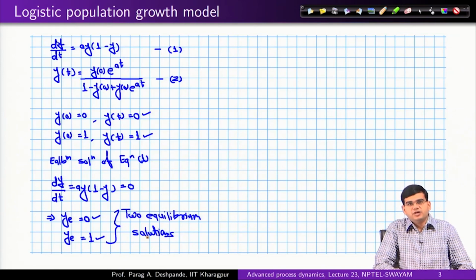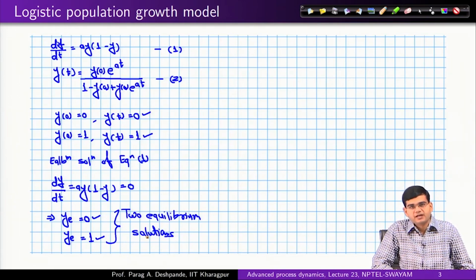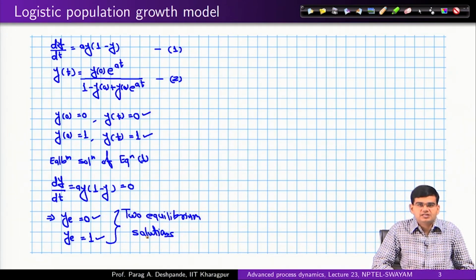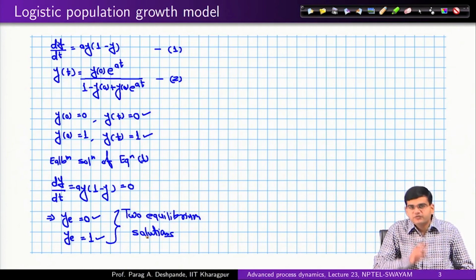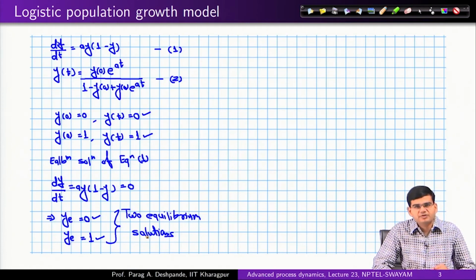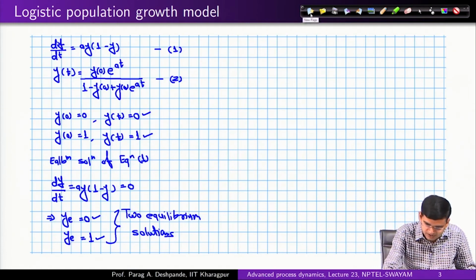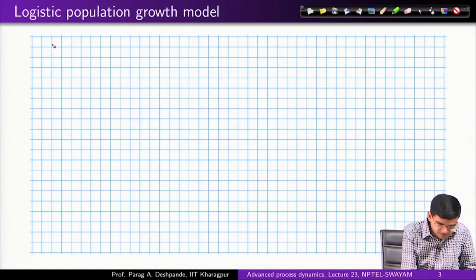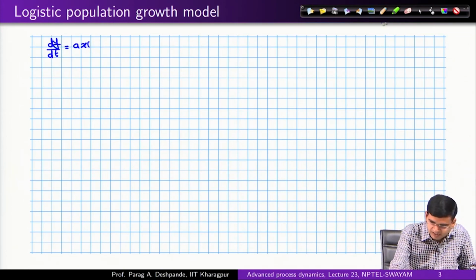Okay. And when you have two equilibrium solutions, you would like to know their stabilities. But before we comment about their stabilities, let us try to develop the phase portrait for the system. So, we are developing phase portraits for dy/dt = a y (1 - y).